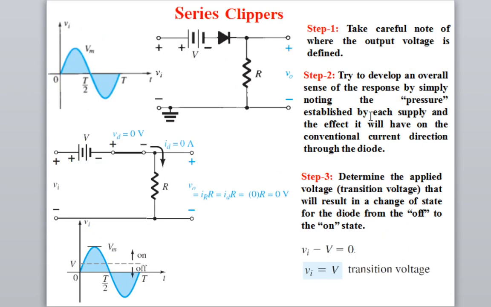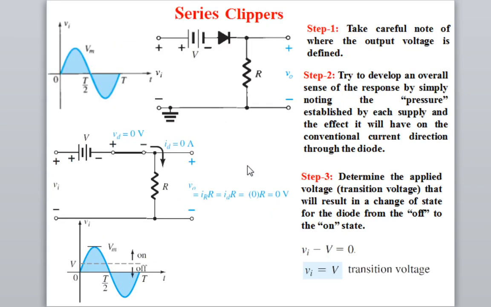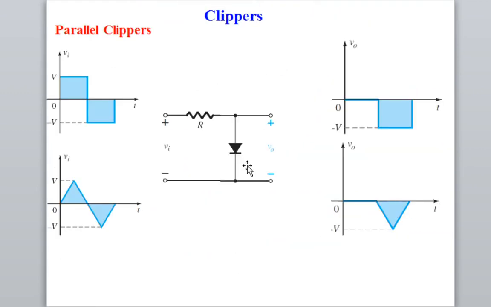In this case I have taken the example of a negative clipper, but that doesn't mean a positive clipper is not possible with series clippers. I will show some examples. Positive and negative clipper is defined on the basis of which portion you are clipping. That's all. Don't get confused by that.